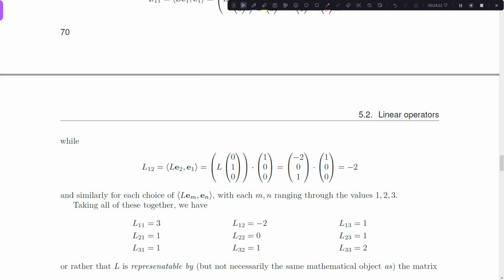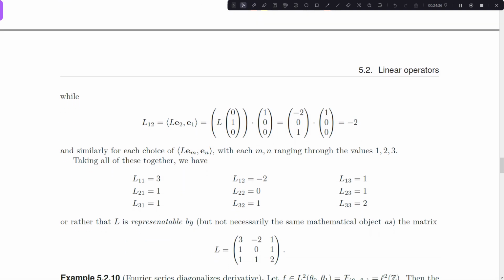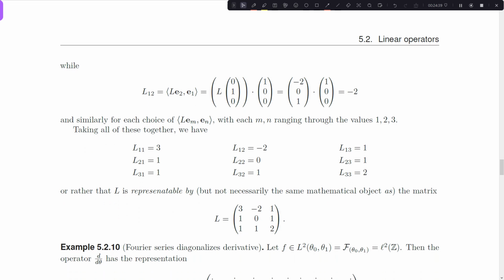And that's what's going to give me the matrix, which is only a representation of the linear operator. So taking these as a matrix gives me a matrix representation of a linear operator. And yet the linear operator doesn't have to be the matrix itself. Anyway, there's my matrix.